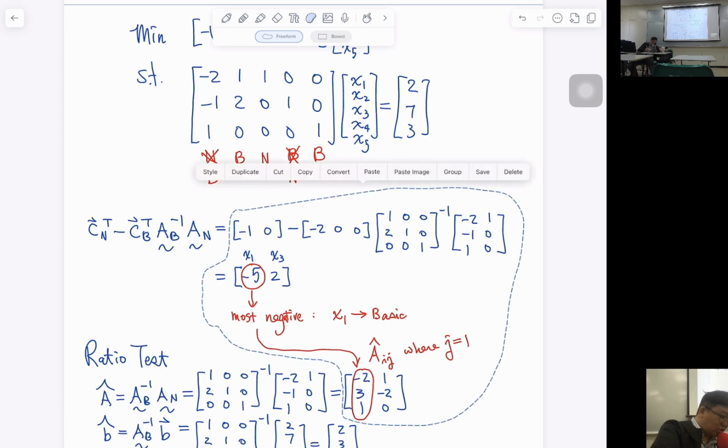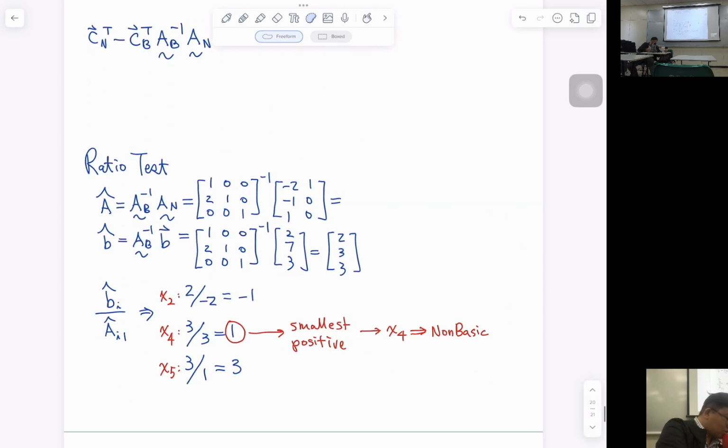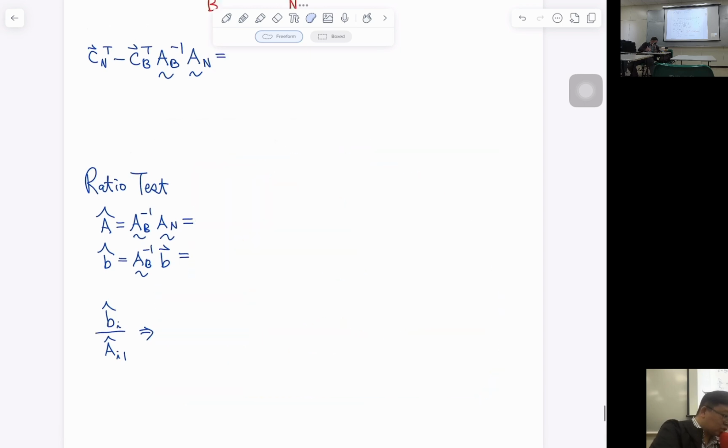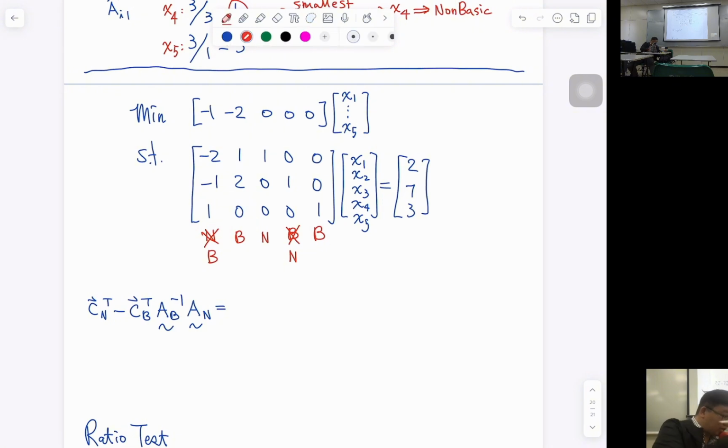Kill these guys. Delete. Okay. So I'll do it again in an even faster way. I'm not circling anymore. So Cn is going to be 0, 0. Cb is negative 1, negative 2, and 0.